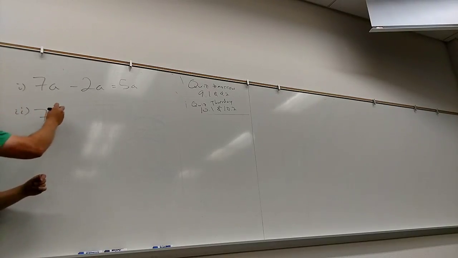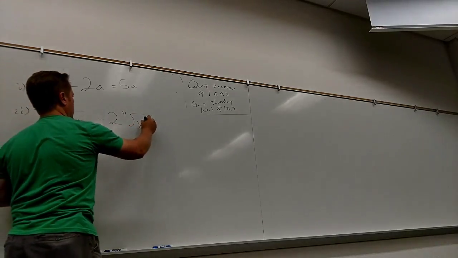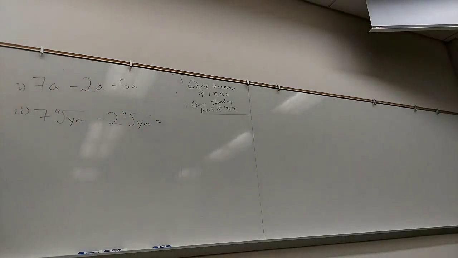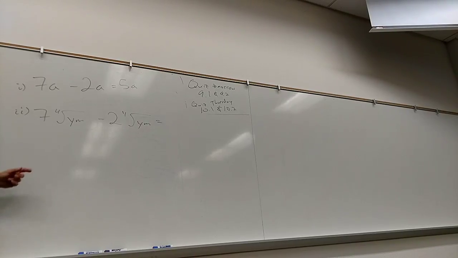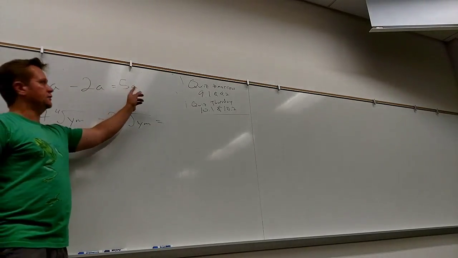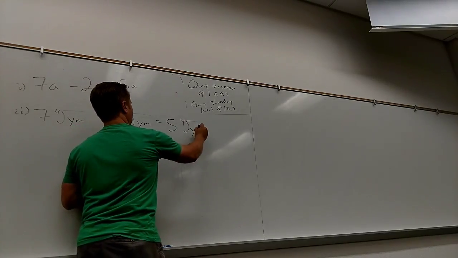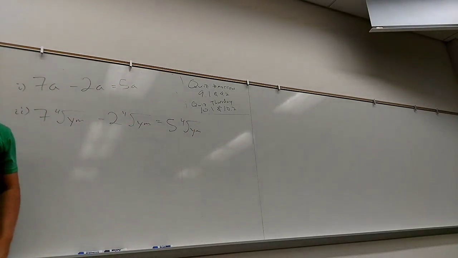So what is 7 fourth root of y^m minus 2 fourth root of y^m? Yeah, this is where people don't realize. I got 7 somethings I don't know minus 2 somethings I don't know is 5 somethings I don't know. So I got 5 somethings I don't know. It's just like terms.